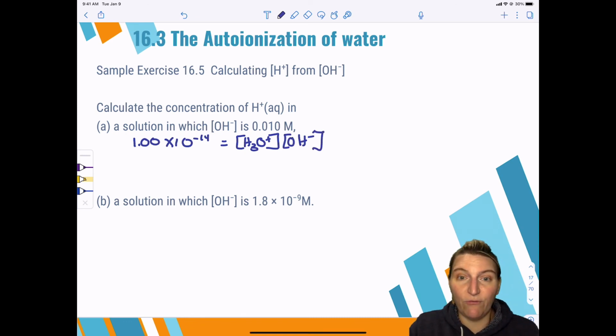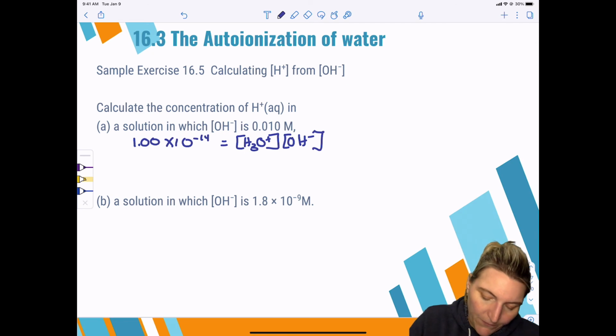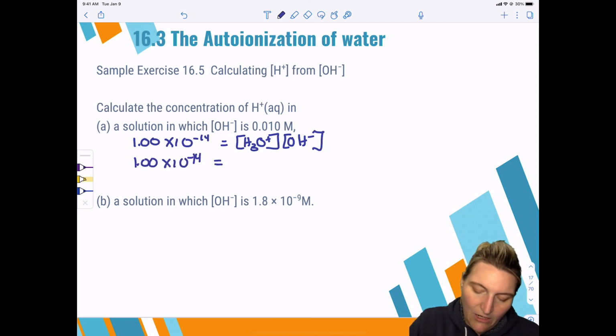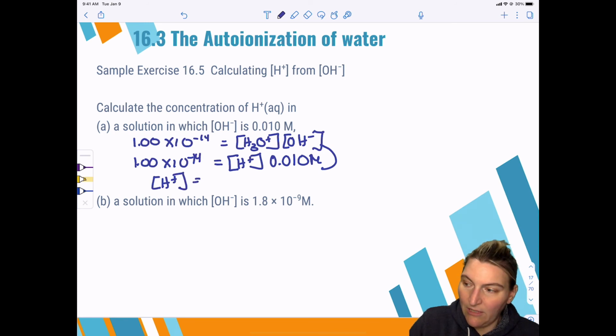So write the formula, plug in what you know, and then solve. 1.00 times 10 to negative 14 equals H plus times 0.010 molarity. Divide that out, and we get that the concentration of H plus is equal to 1.0 times 10 to negative 12 molarity.